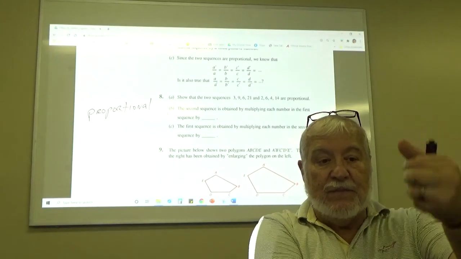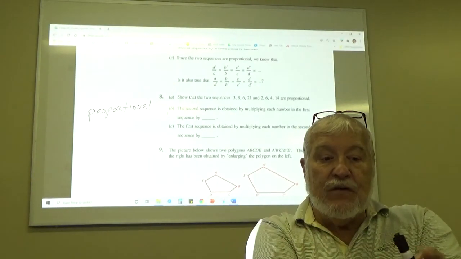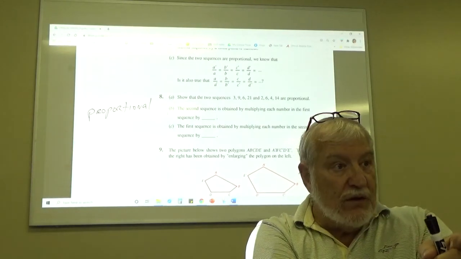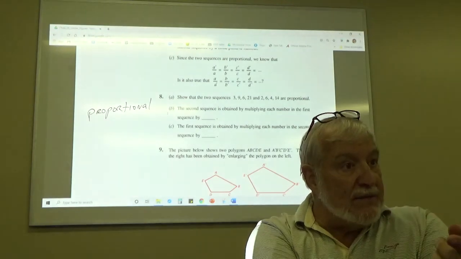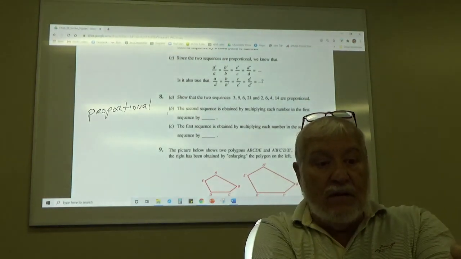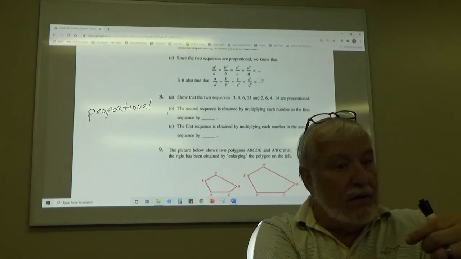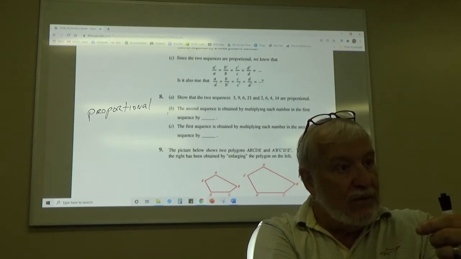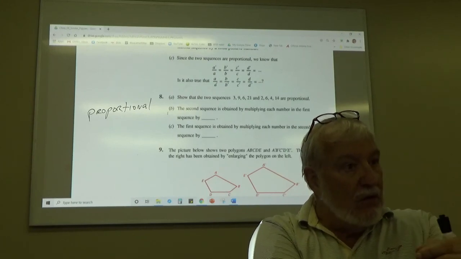All right, so the ratio between the prime and the original was 1/2. Okay, now let's flip the fraction and say that if you started with the small one and went to the large one, what would happen? Would you be going 2 times as big? So the ratio for A would be 2 over 1, and then it would be 4 over 2, it would be 6 over 3, and it would be 10 over 5.